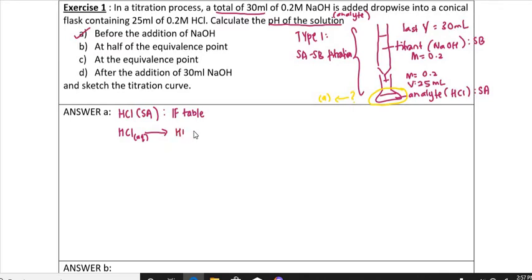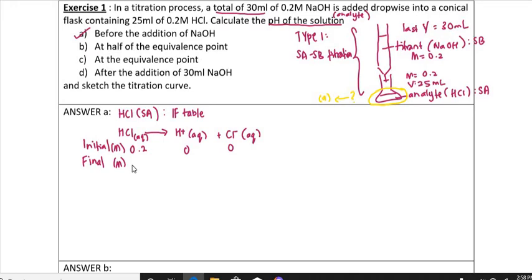We become its ion. Okay, so this is initial, this is final, always molarity. The molarity of HCl is 0.2. So this is 0.2, 0 and 0.